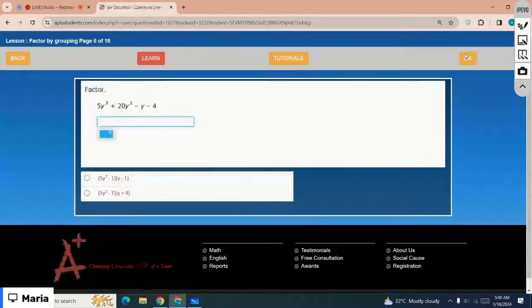The next one is factor 5y cubed plus 20y squared minus y minus 4. Which is the correct option?